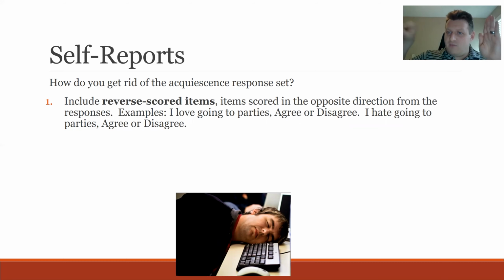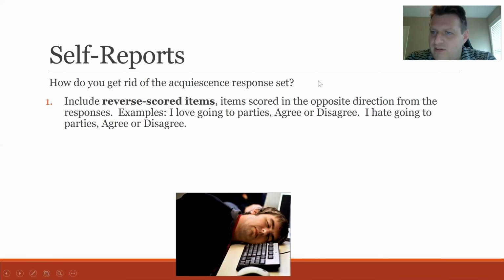If a 5 means the most hardworking and a 1 means the least hardworking, we want to have some questions where it's flipped, where the 1 means that you're the most hardworking. I have a very dumb example here, but you might include the item, I love going to parties, agree or disagree. And then I hate going to parties, agree or disagree.